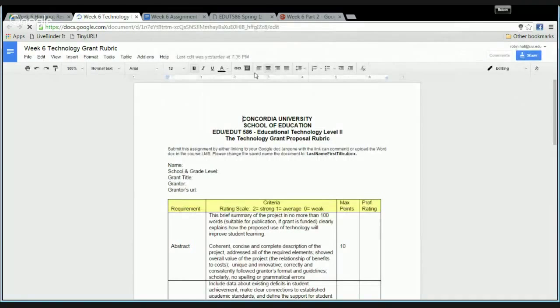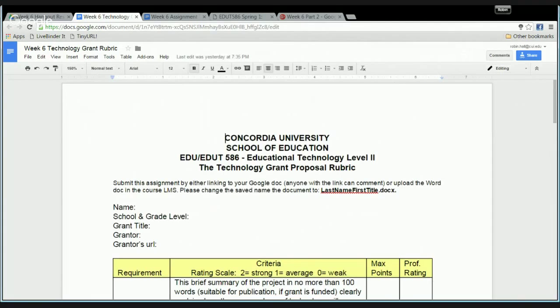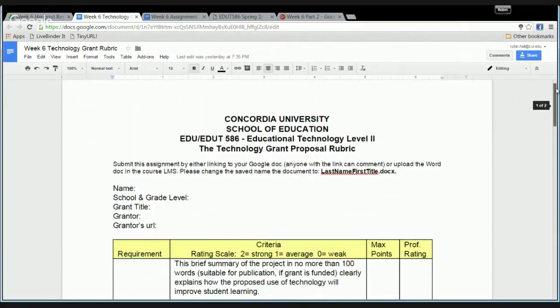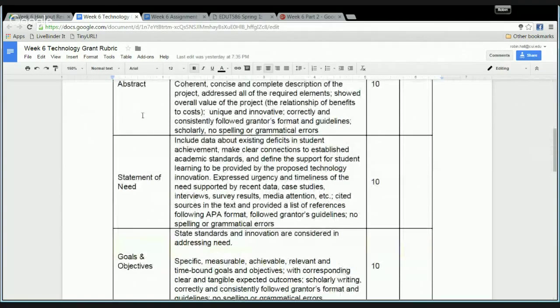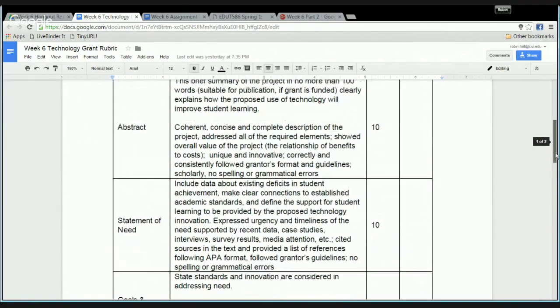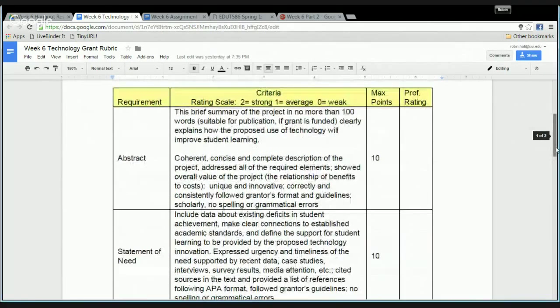And you'll see on this rubric that the elements of the grant are what are listed in the far left column. So in this case, and again, remember, this grant application is based on the Orange County Q application.